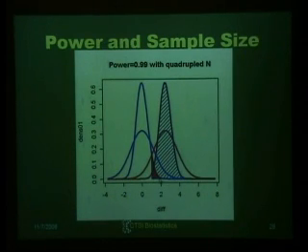This number right here is not a 2 anymore. The cutoff has moved closer to 0. You see that? It used to be a 2 under this. By the way, the ones that are more spread out are the 36 sample size story. So as you increase the sample size, this distribution got skinnier.